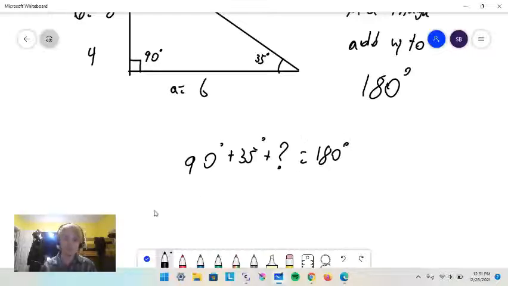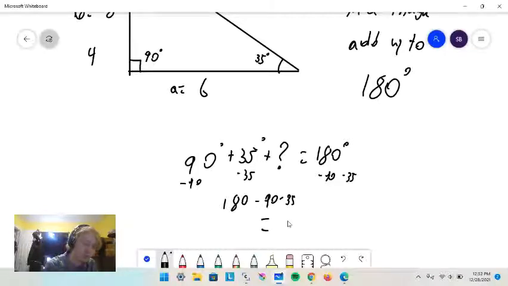So what we can do, simple algebra, is 180 minus 90 minus 35, right? Because you're subtracting 90, subtracting 35 from both sides, minus 90 minus 35, which equals, let me grab the old calculator on my phone.